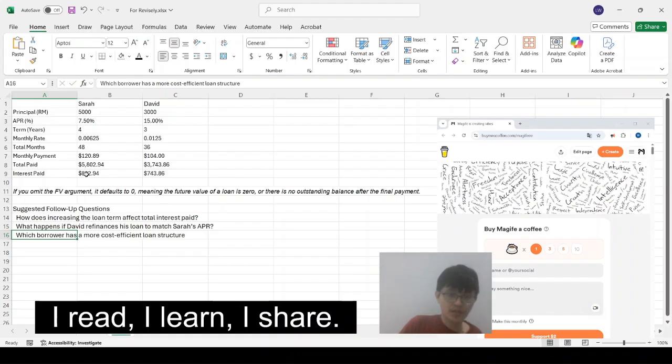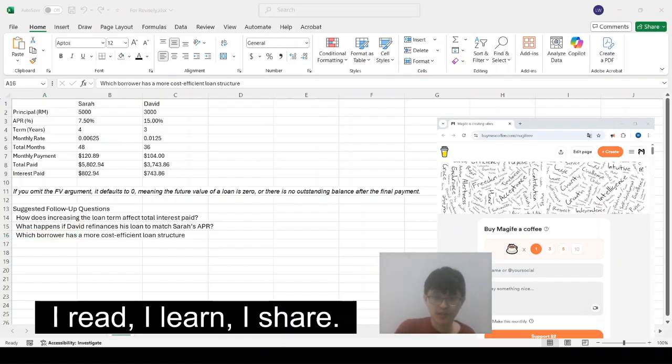So we figured out that Sarah pays more interest when compared to David. But actually paying more doesn't mean it is not cost efficient.